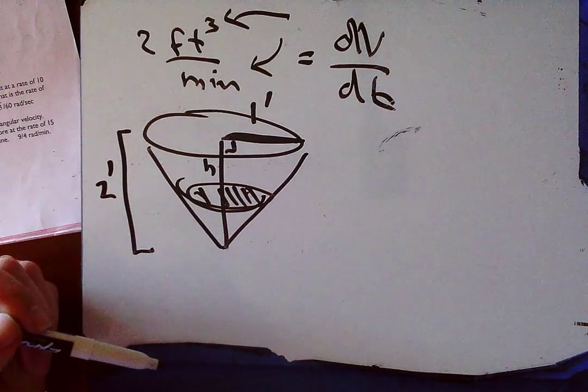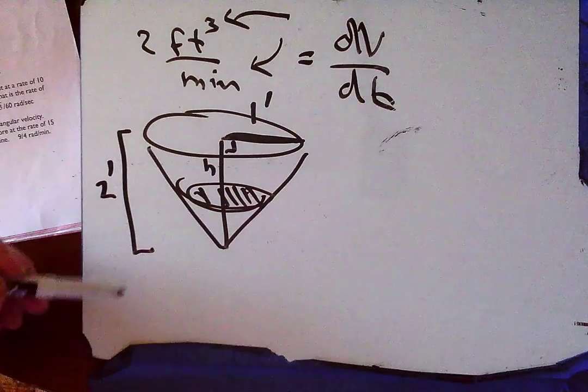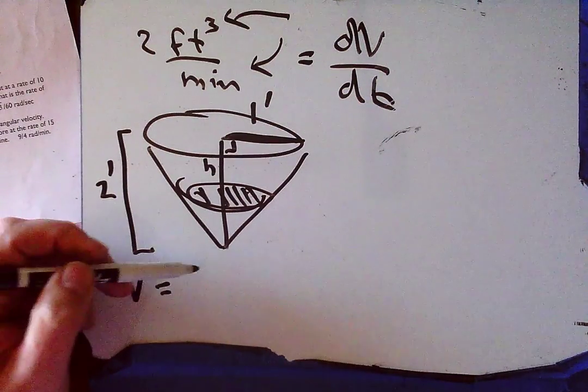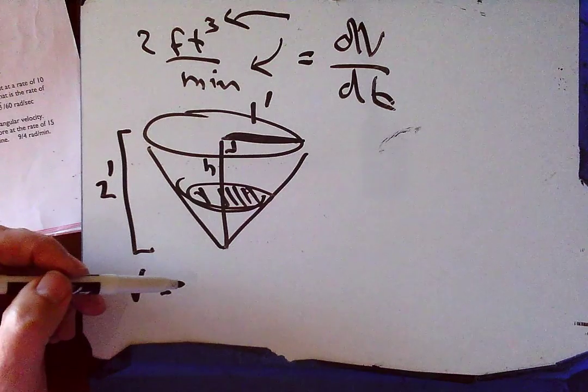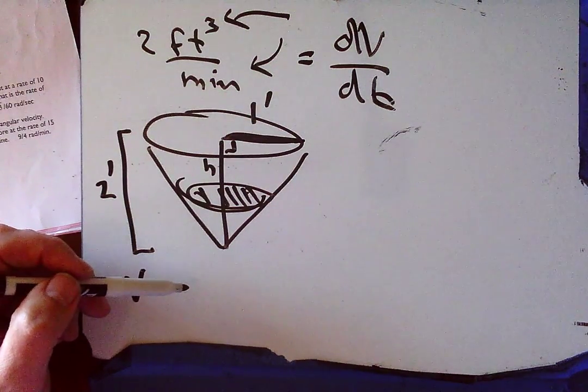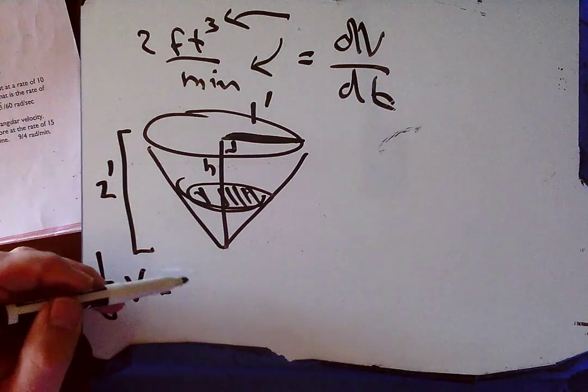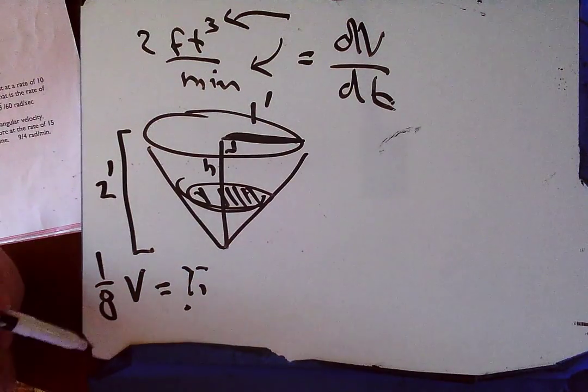We want to know at what rate the surface is rising when volume equals, when it is 1/8 filled. We're going to have to come back to that in a minute.